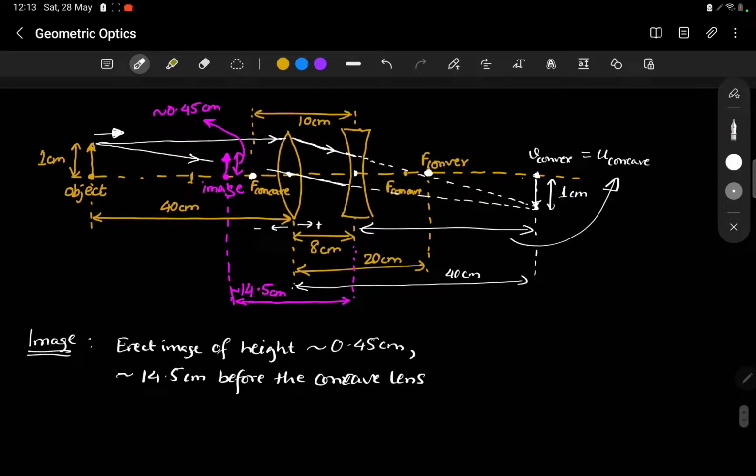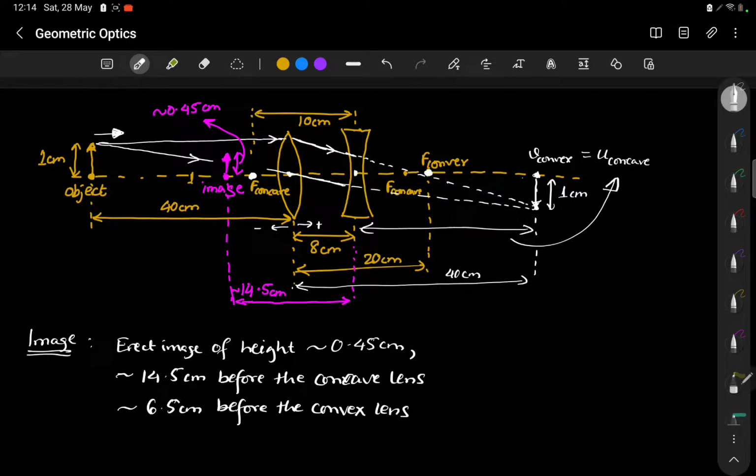And since the separation between concave lens and convex lens is 8 centimeters, we have that the image is located roughly 6.5 centimeters before the convex lens. So this solves the question.